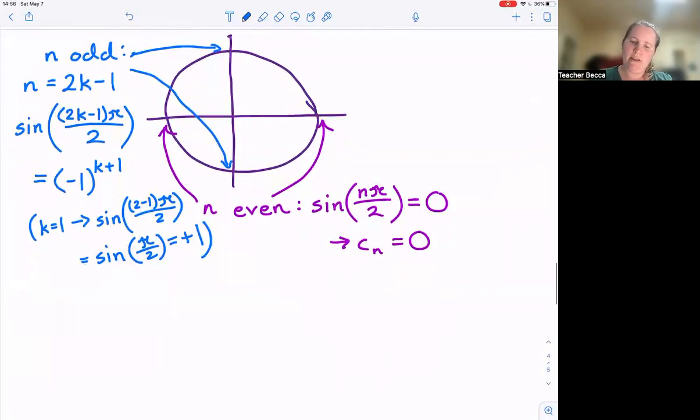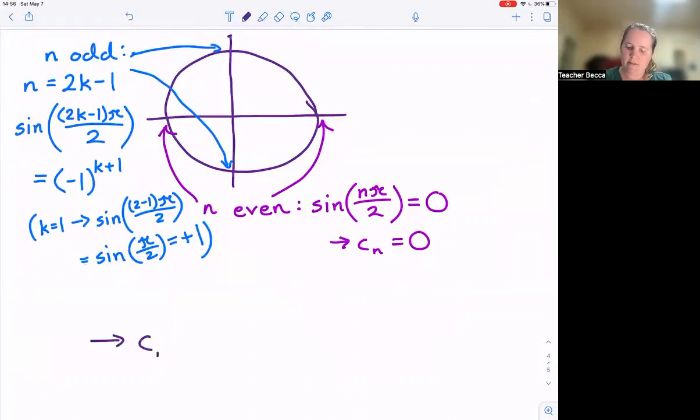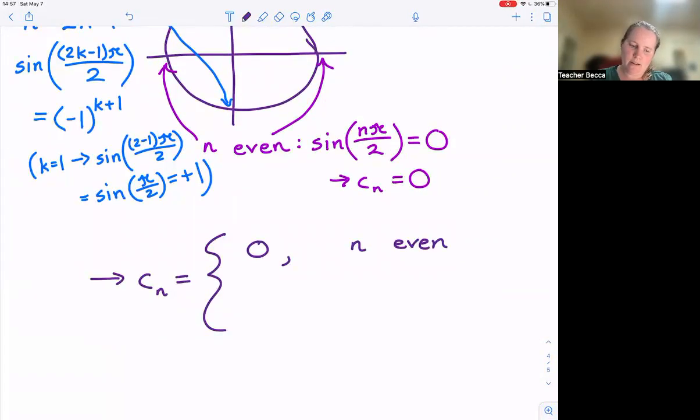And so what we get is that c sub n is equal to 0 if n is even, and it is equal to negative 1 to the k plus 1 times 80 over, in parentheses, n pi, close parentheses, squared.